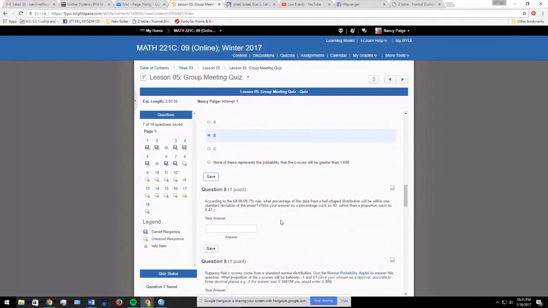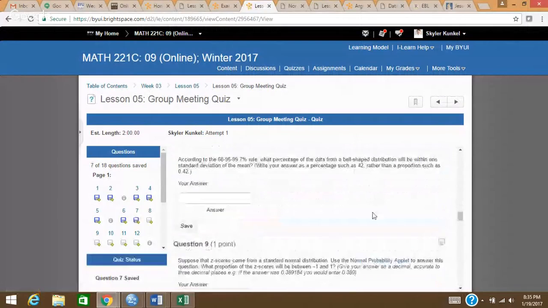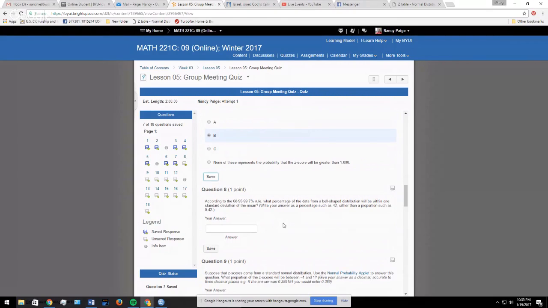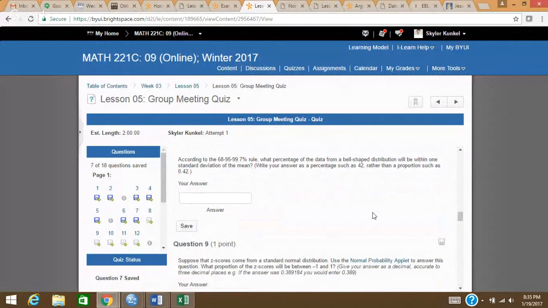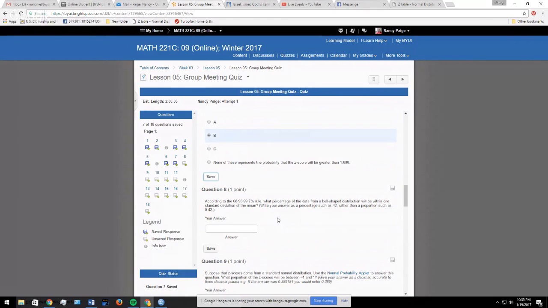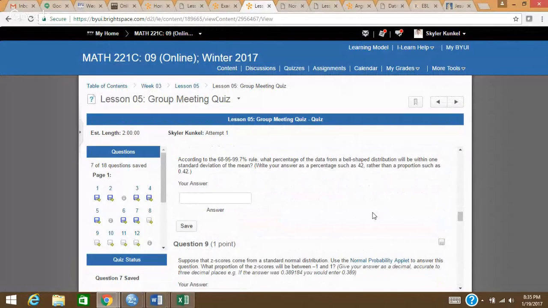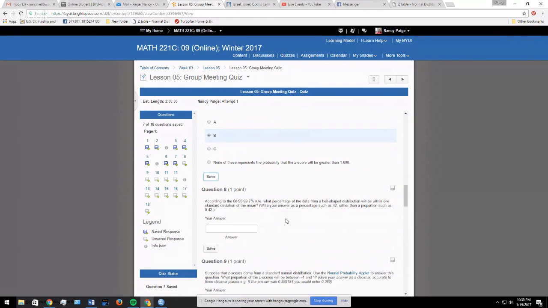According to the 68, 95, and 99.7% rule, what percentage of the data from the bell-shaped distribution will be within one standard deviation of the mean? Write your answer as a percentage, such as 42, rather than 0.42. Do you remember the rule?